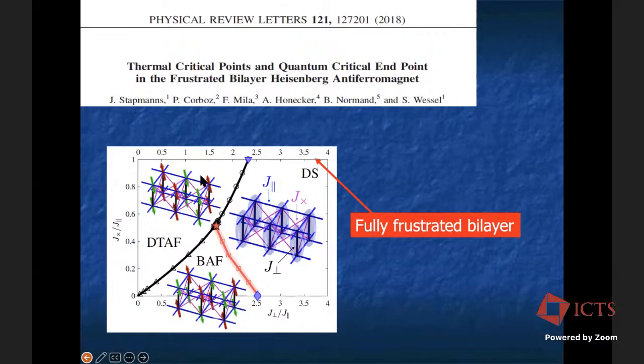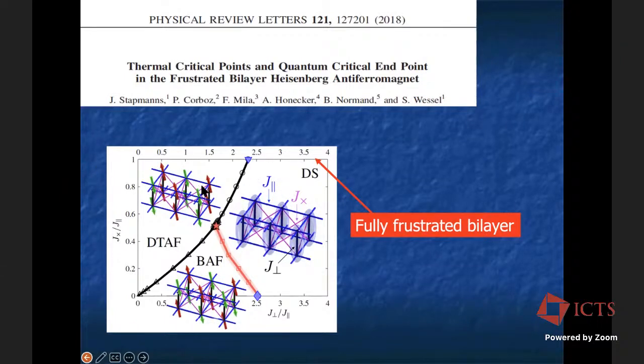We have dimers. These dimers are arranged not just in a ladder like this, but in a two-dimensional plane of these ladders. And if the cross coupling is equal to the parallel coupling between the dimers along this line, we are again in a situation where the Hamiltonian can be written entirely in terms of the total spin of each rung, that is, of each vertical dimer here.